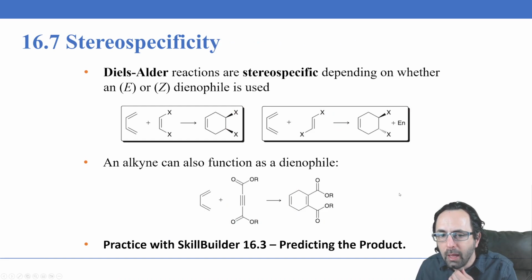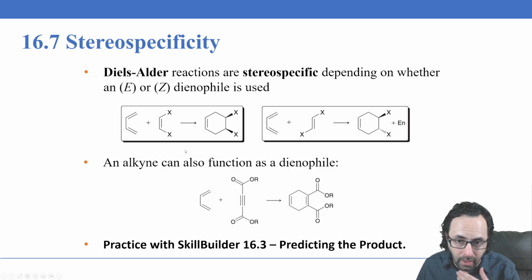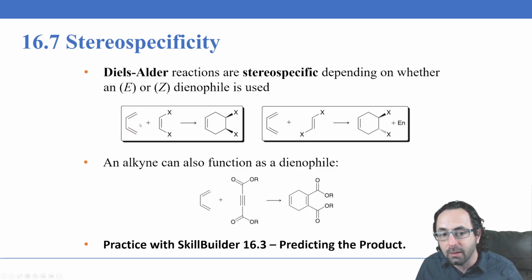Now, Diels-Alder reactions do have a stereospecificity to them. When the diene is reacting, it has to be in this s-cis position, first of all, so that it can react in the cyclic addition.